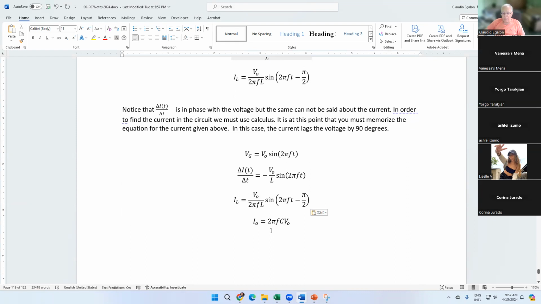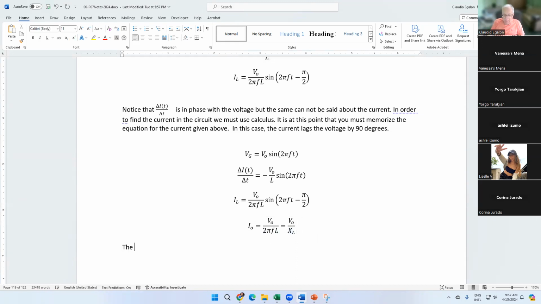In this case, I naught would be what? I naught would be 2 pi FL. Not C, but L. Where the reactive inductance is going to be given by this term. Okay.